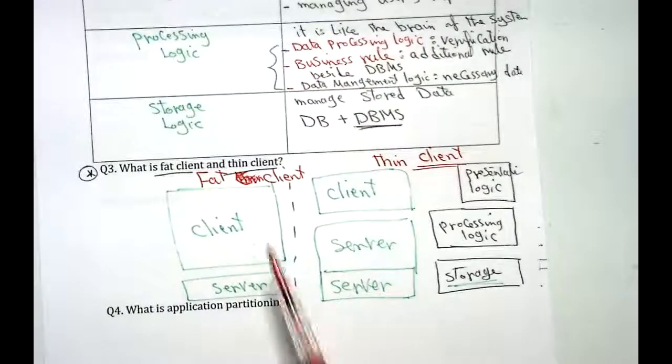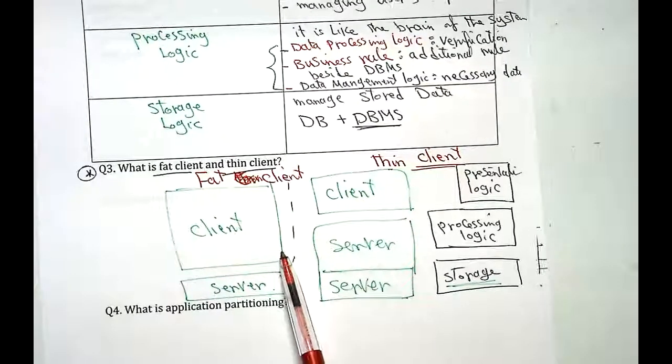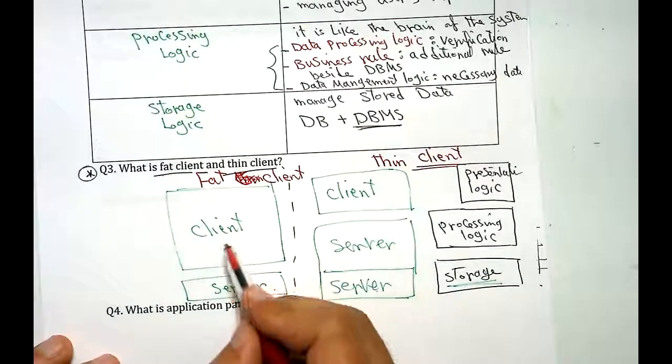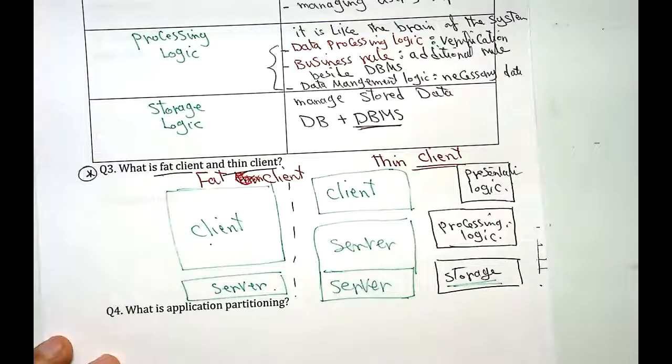In a fat client, only on the server we will have the database and DBMS, while on the client, when you access a website, for example, some website sends some functions to your client to do the processing. That's why the client will have to do a lot of processing. So the client will do the processing logic and the presentation logic.